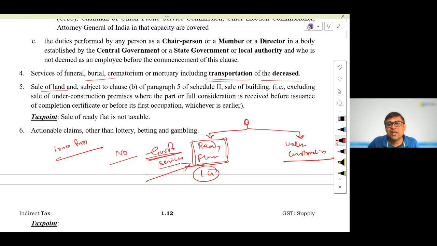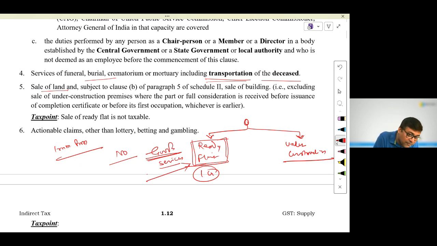So dear student, be careful. If I buy land, it is treated as immovable property, hence the question of GST does not arise. Is it clear? The question arises, when is a flat considered ready, with construction completed? They suggest that if I buy the flat after getting the completion certificate, then it is a ready flat.